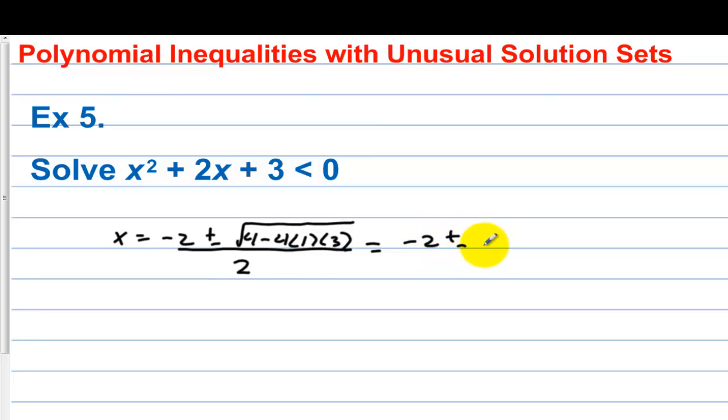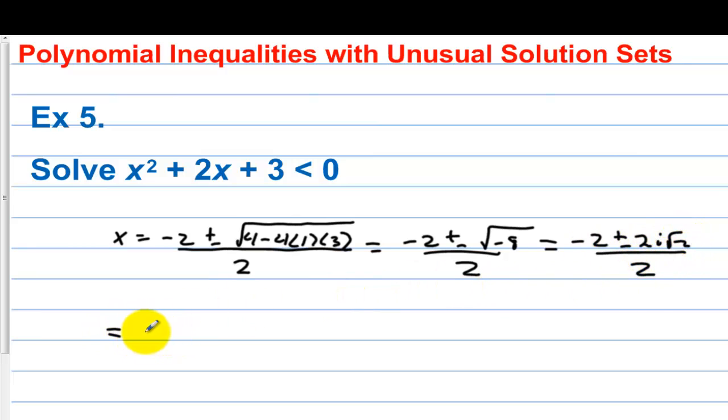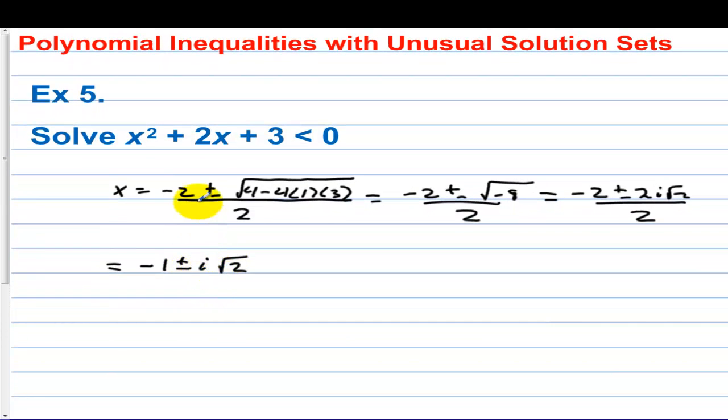Negative 2 plus or minus the square root of 4 minus 12, that's negative 8, over 2. So we have negative 2 plus or minus 2i square root of 2 over 2. And then finally, we can divide by 2. So we have negative 1 plus or minus i square root of 2. But the point is, the solutions are imaginary, and that means this does not cross the x-axis at all.